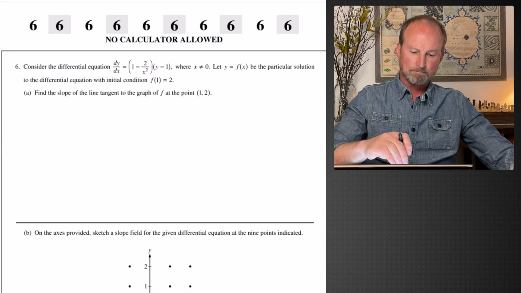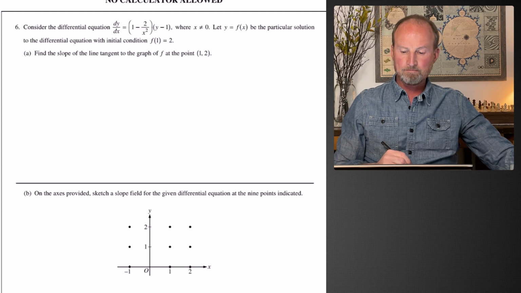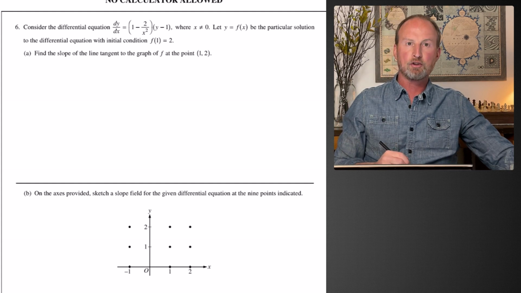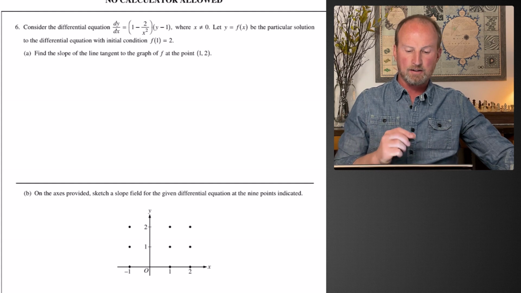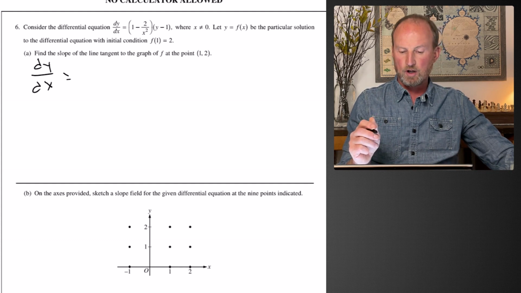Question 6. Consider the differential equation given. y is going to be our particular solution with the initial condition that f of 1 equals 2. Find the slope of the line tangent. Looking at the derivative, well, I've already been given the derivative. At x equals 1, y equals 2.